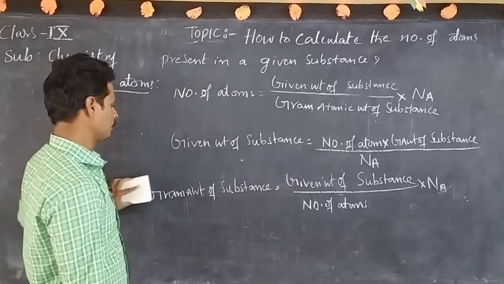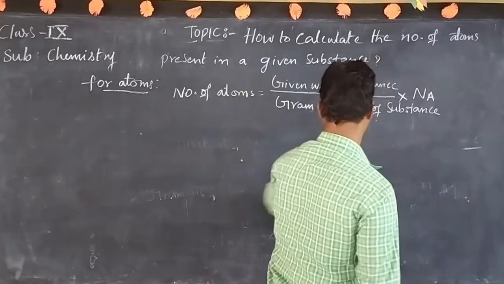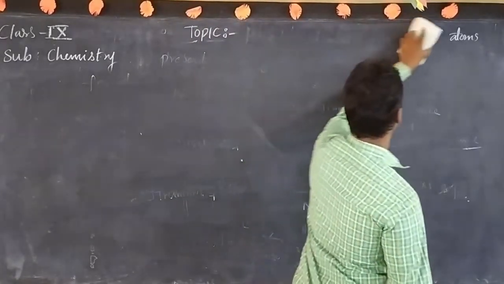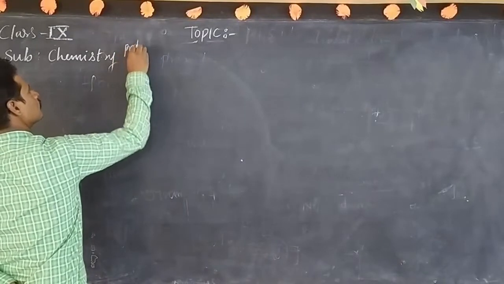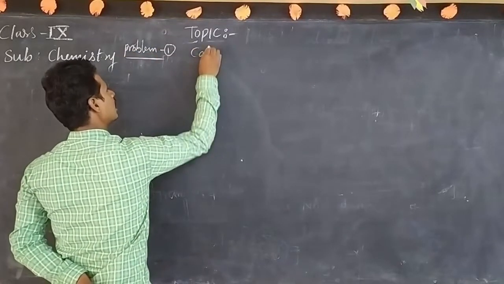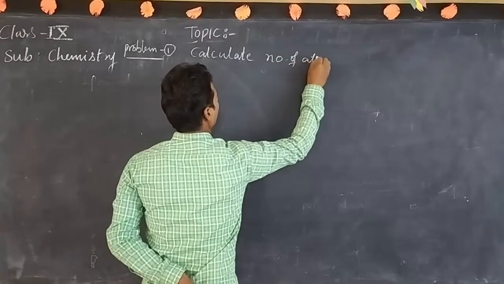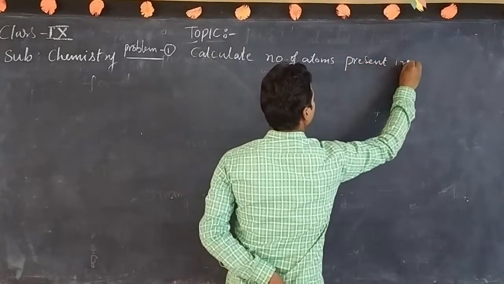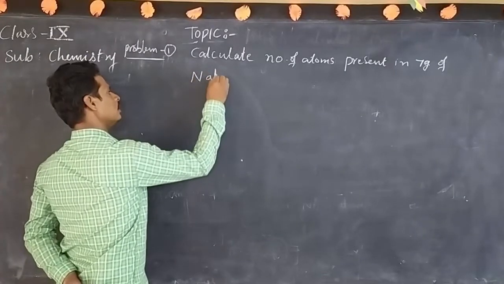Now some example problems. Problem 1. Calculate the number of atoms present in 7 grams of nitrogen atom.